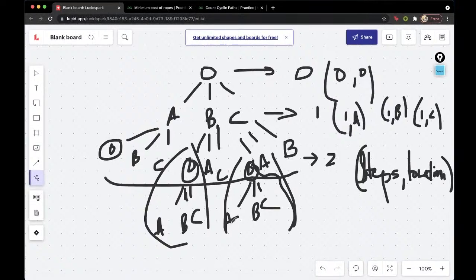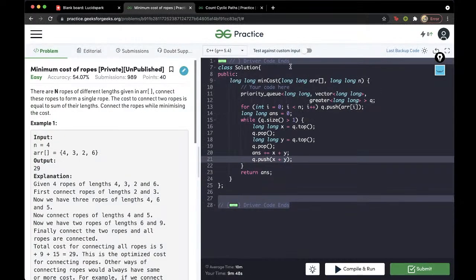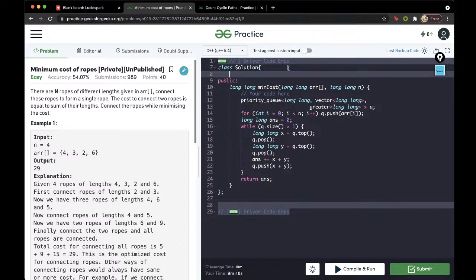So if you recursively form this, let me just try typing it out.